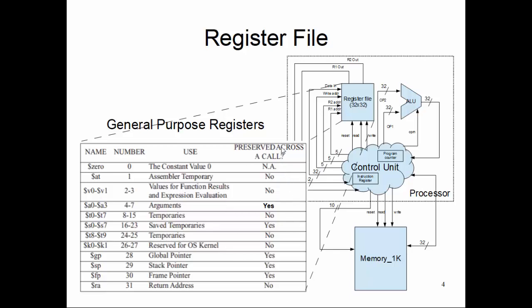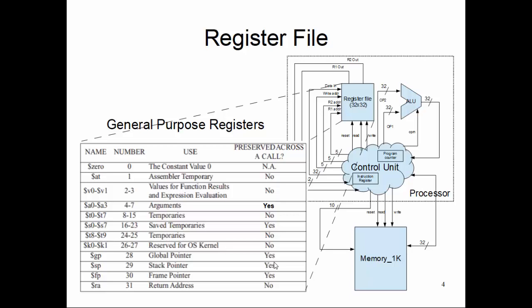It tells whether the values of these registers are preserved through a function call or not, and again these are assumptions. For example, A0 is not preserved, V0 V1 is not preserved, T0 is not preserved, S0 S1 is preserved. So these are our programming conventions.